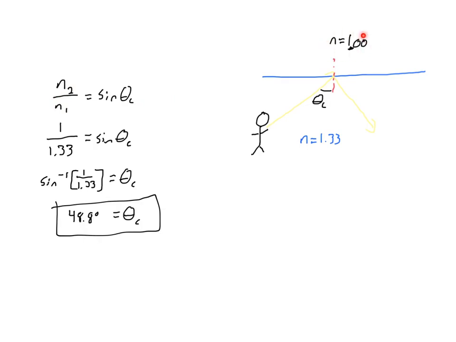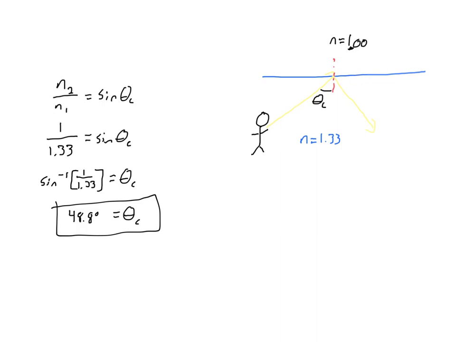Assuming that air has 3 sig figs, or as many as I need, and this is the limiting factor, my critical angle is 48.8 degrees, meaning that any angle at or above 48.8 degrees measured to the normal here, any light that hits there is actually going to reflect off, not refract out, because that's beyond the critical angle.